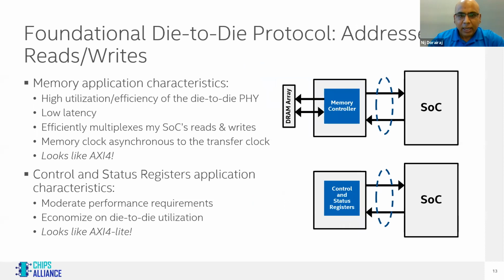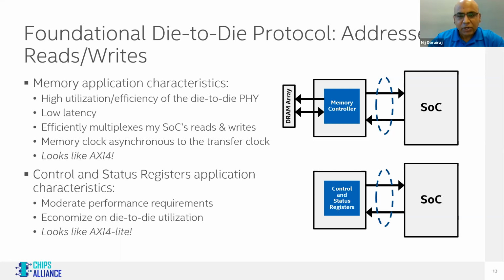Here's another category of die-to-die connectivity. This is address read-write, where an example would be an SoC talking to a memory controller for reading and writing words into the DRAM array. The main goal is to efficiently provide read-write access into the memory controller, and this is exactly what AXI4 enables.